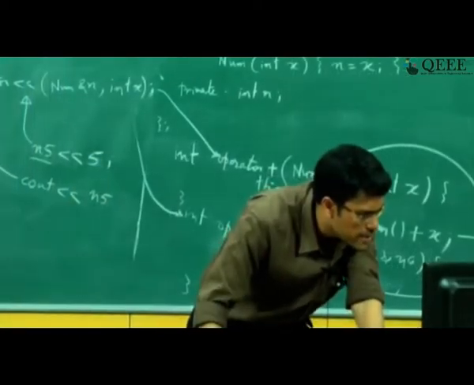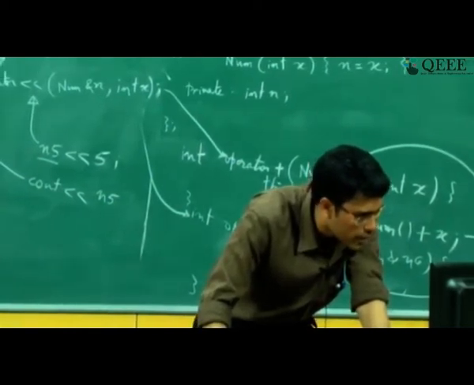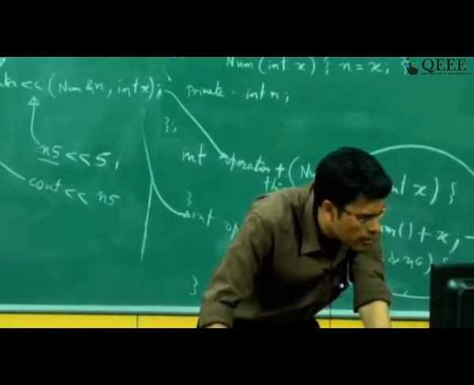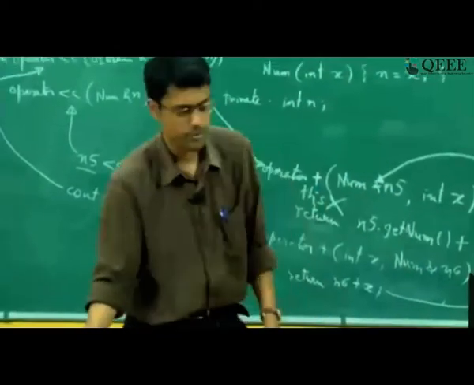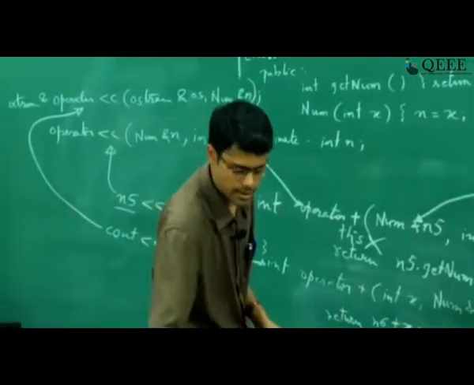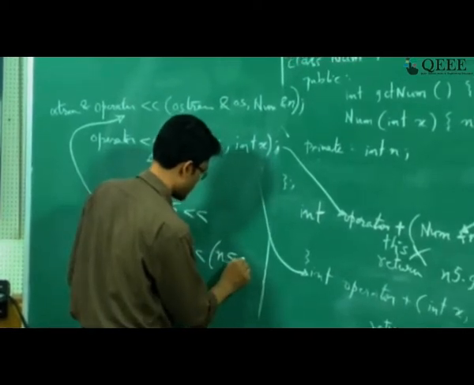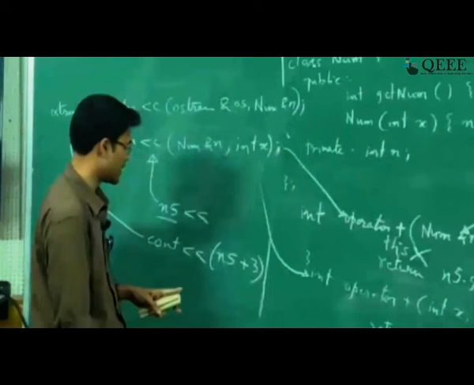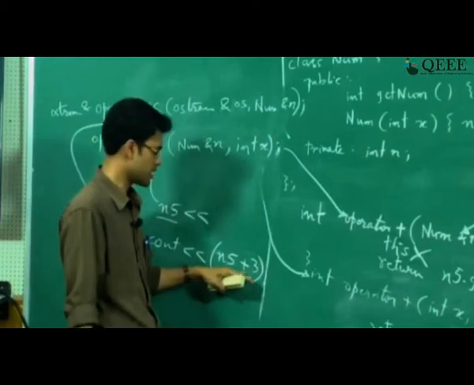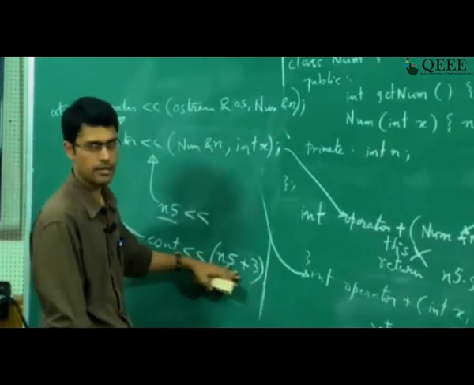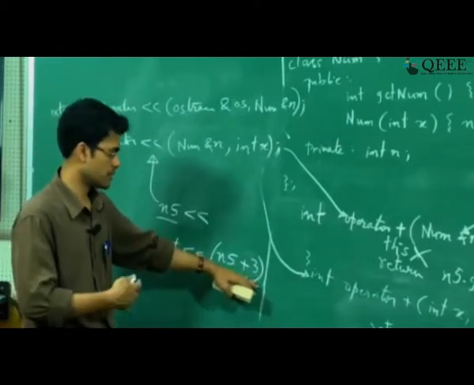This is a question from BEC: overloading the left shift operator where the right hand side operand is an expression involving an object. So are you talking about, okay, let's see, maybe what is being asked is N5 plus 3 or something, where N5 is of type num and plus 3 is just an expression.